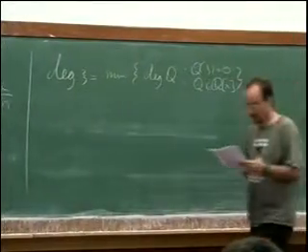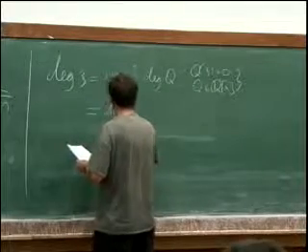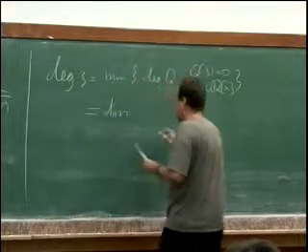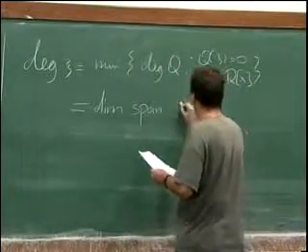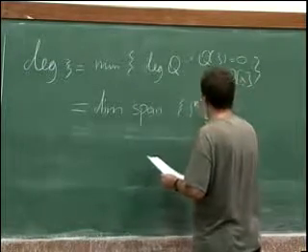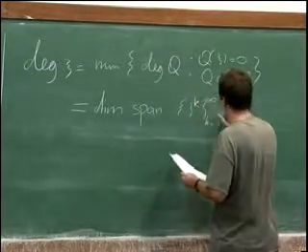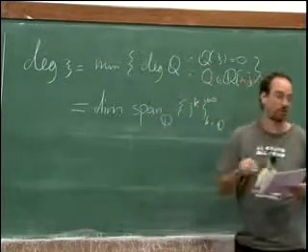Okay? And this is a very standard fact, this is the same as the dimension of the span of 1, xi, xi to the k, k from 0 to infinity. Span is, again, with rational coefficients.